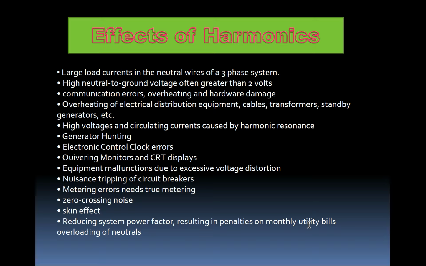But the effects we can monitor: communication errors, overheating, generator hunting, clock errors, equipment malfunction, trippings, metering errors. So these are things that we have to monitor in our system and equipment, in order to know if the phenomenon of harmonics happens in our system.